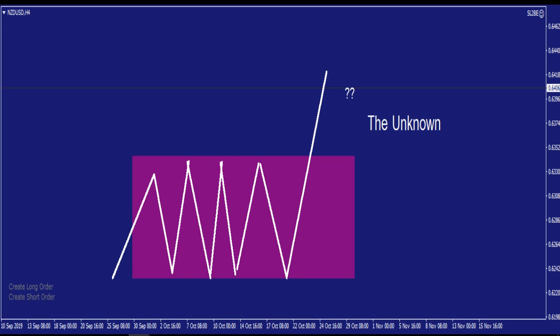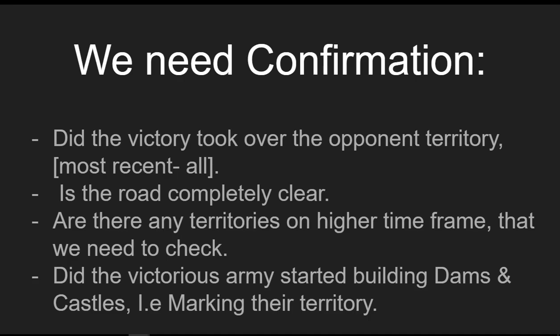I need some sort of confirmation that buyers really took over the market, okay? There are certain things that need to happen. So, what confirmation do I normally look for? Number one, did the victory take over the opponent's territory, the most recent one or all of it? As I explained in the previous video, the buyers create dams while they are going up.